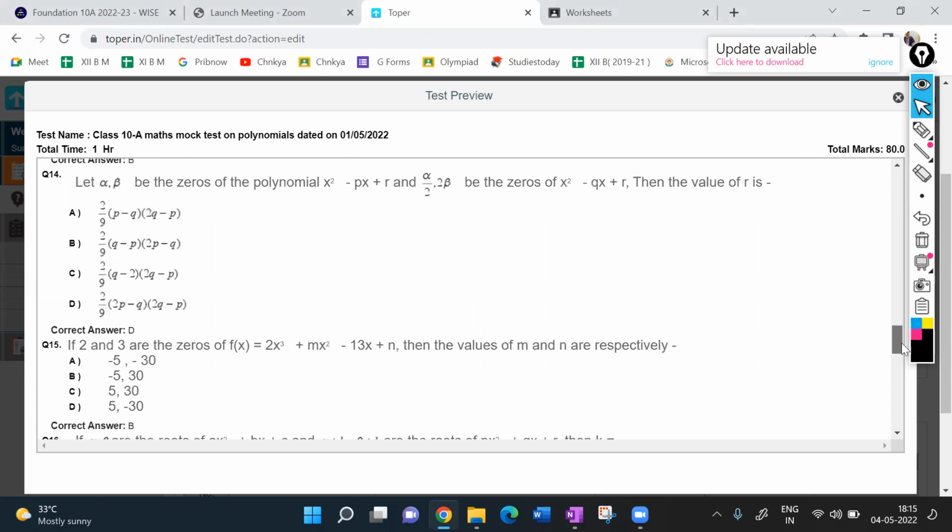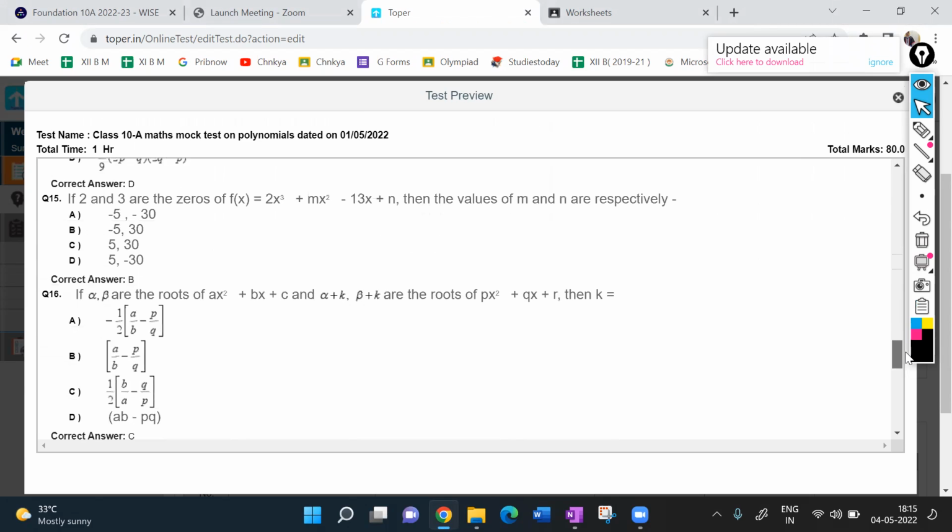Look at the 15th one. How many of you did the 15th one? Sir, I did it. I didn't get it, sir, I got it now. Okay, how did you solve it?